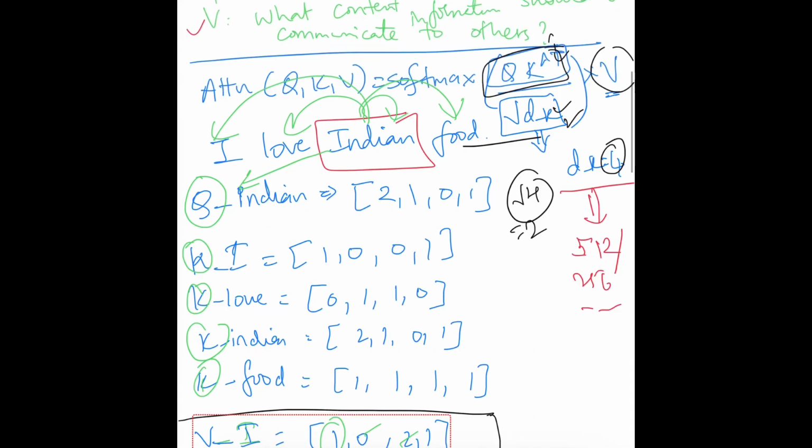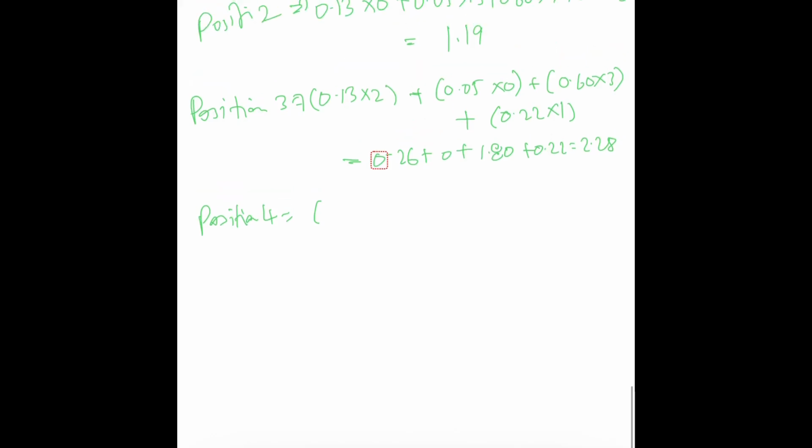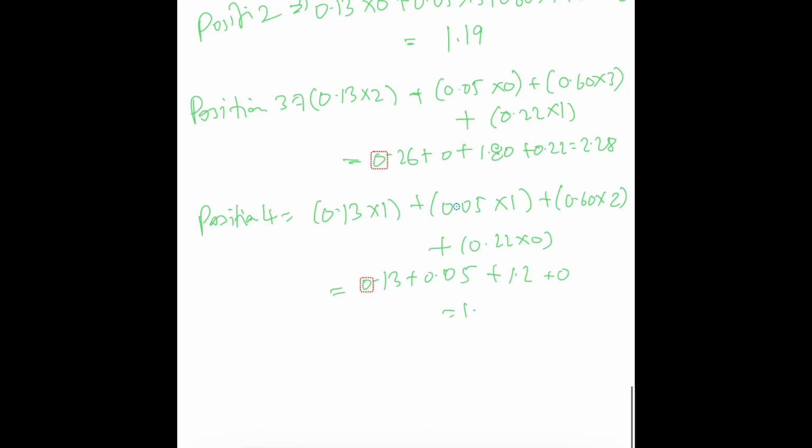is basically 1120. So 0.13 into 1 plus 0.05 into 1 plus 0.60 into 2 plus 0.22 into 0. So this comes out to be 0.13 plus 0.05 plus 1.2 plus 0.